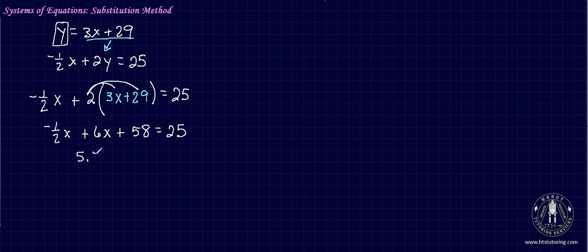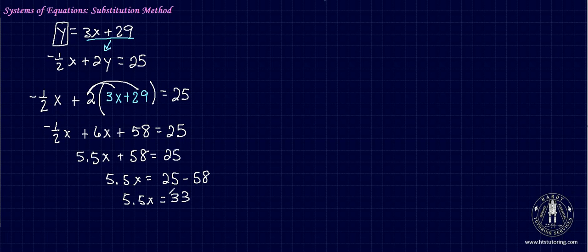So we'll just write 5.5x plus 58 equals 25. We have 5.5x equals 25 minus 58, so 5.5x equals negative 33.